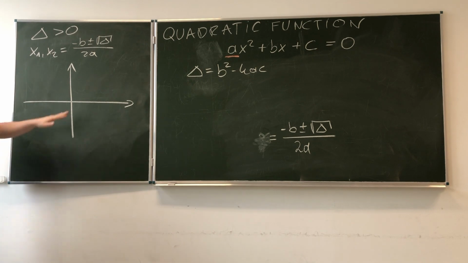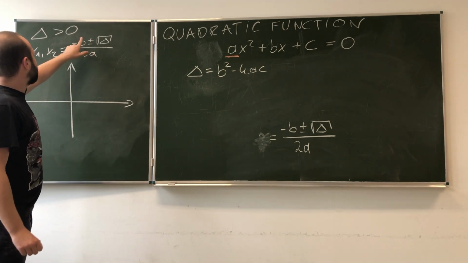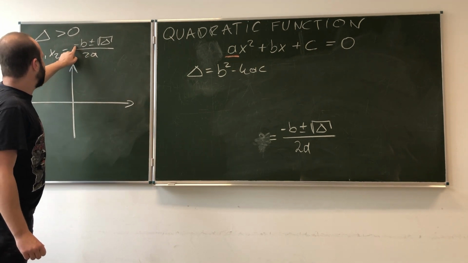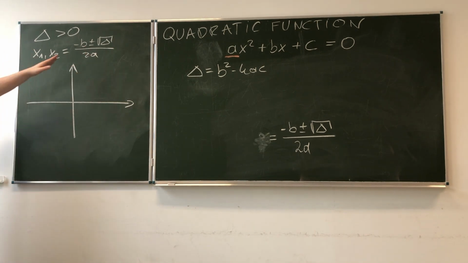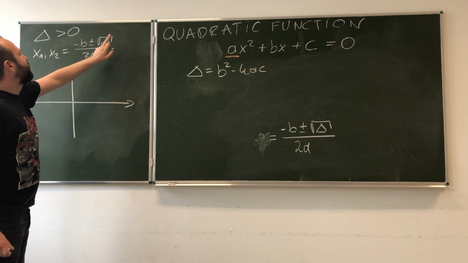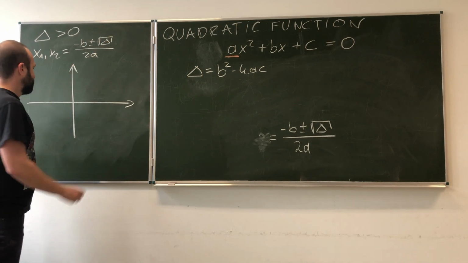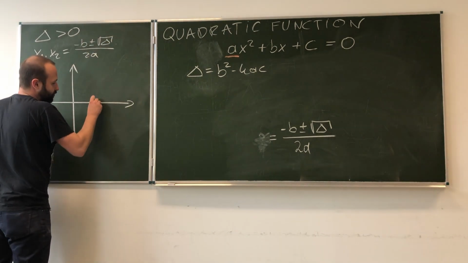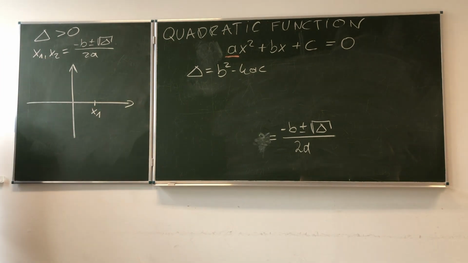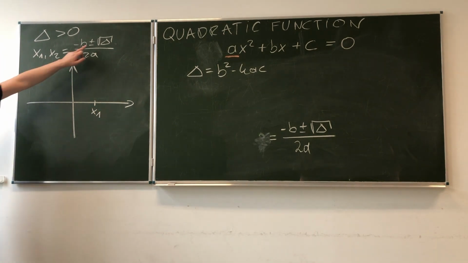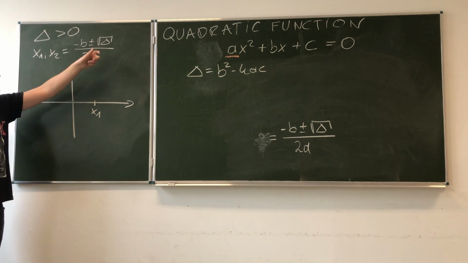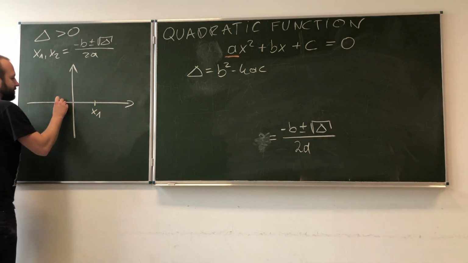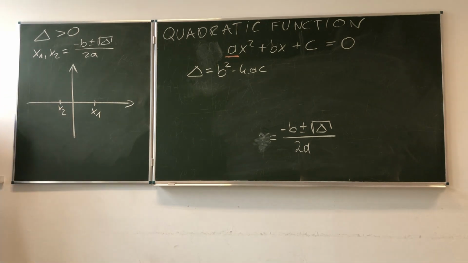Now, let's just say that I calculated negative b over 2a. I got it. Now, look, from this number, first I need to add a positive number. So we will have some x1, let's just say over here. And then I need to subtract a positive number. So I will have x2 somewhere over here.